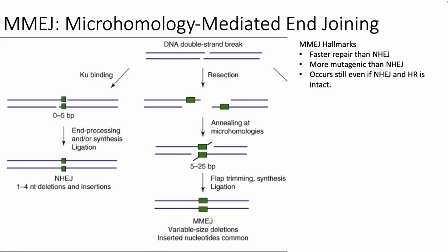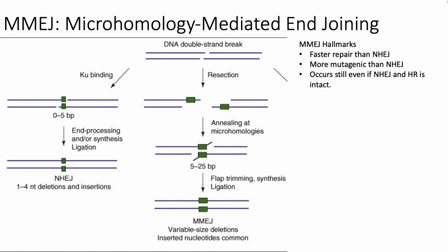So microhomology-mediated end joining uses some things from NHEJ. Basically, there's a double strand break, then there's resection, and this region and this region are homologous to this broken piece of DNA up here, and so they anneal together.